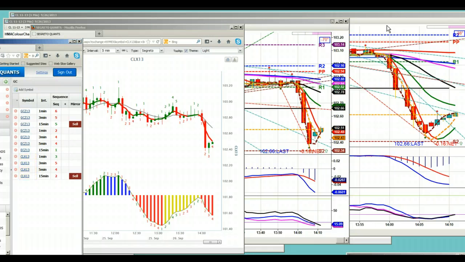Vidya says, great point, good perspective. So you're looking at more Segredo charts now in your workspace than Ninja charts, or do you keep it even? I keep it even. I look at balanced. What I like to do is I have my 1, 3, and 15-minute Ninja on one monitor, and on my other monitor I have it like this. Let me just change this to crude oil for you.